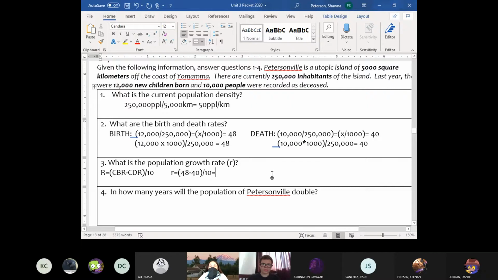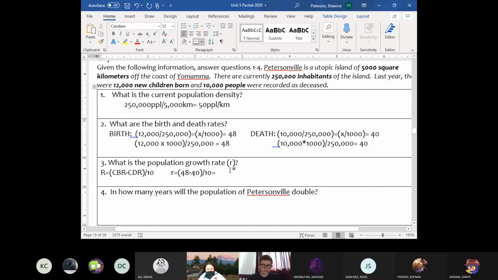When we're looking for a population growth rate, we want to see how many more people are being born than dying. So that's our birth rate minus our death rate, which we got up here in number 2, 48 and 40, and divide that by 10.